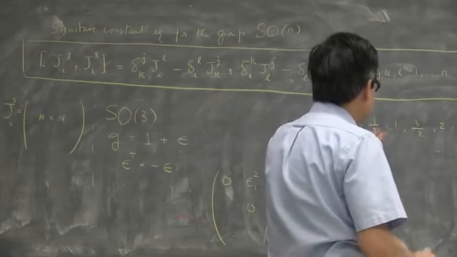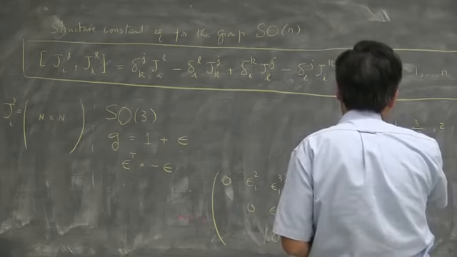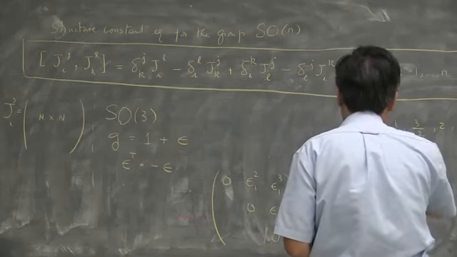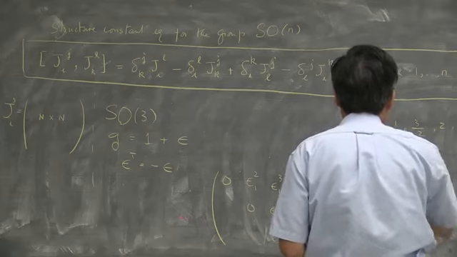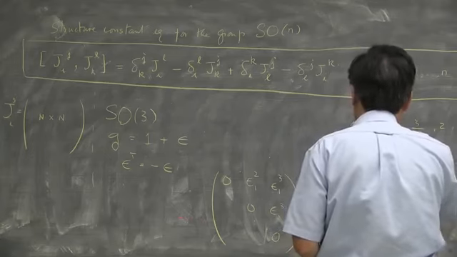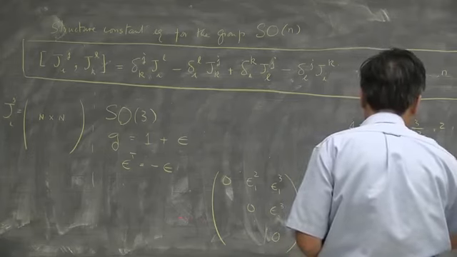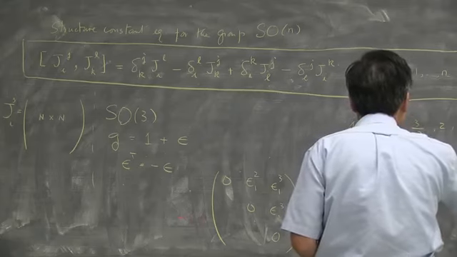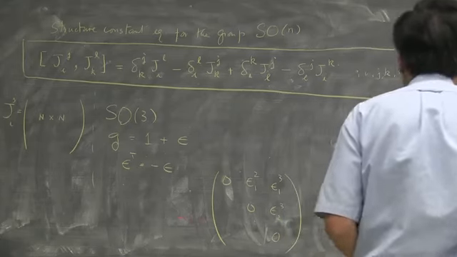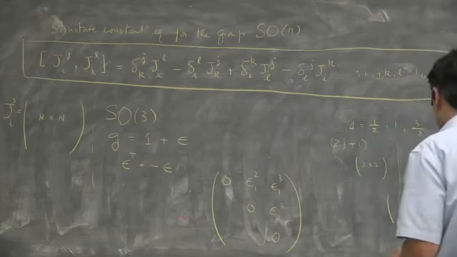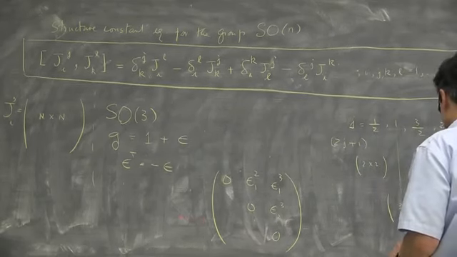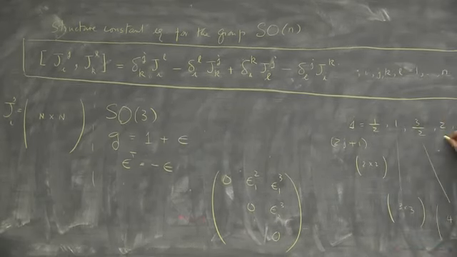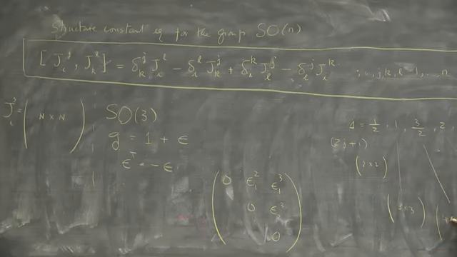So the representation corresponding to total J equal to 1/2 is a 2 by 2 matrix. The representation for J equal to 1 is a 3 by 3 matrix. The representation for J equal to 3/2, 2J plus 1, is a 4 by 4 matrix. The representation for 2 is 2 times 2 plus 1, a 5 by 5 matrix, and so on and so forth.